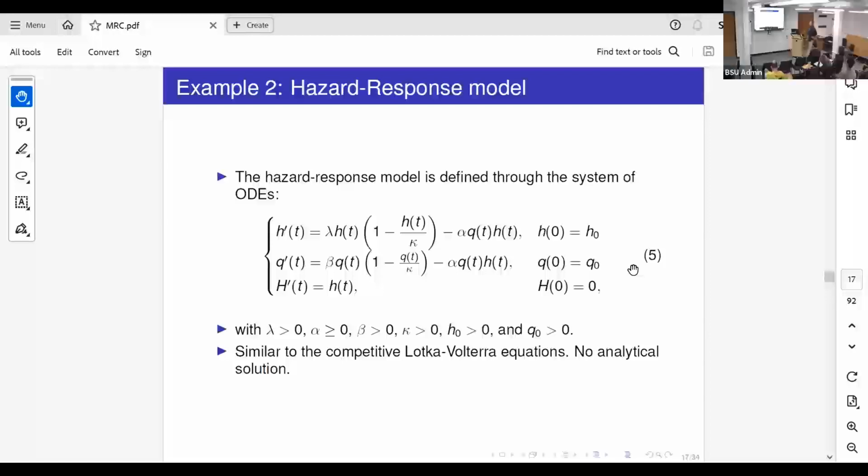Yes, you can use the more general model, as I said, with different competing parameters and different carrying capacities, allowing now for the solution to be oscillating. That's possible, but of course, there is always a cost.